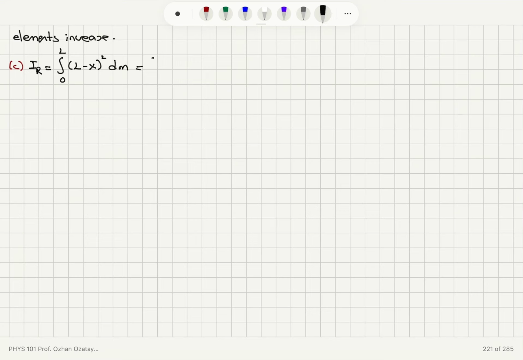So this will be the integral from 0 to capital L of (L minus x) squared lambda dx, which is my dm. And this is the integral from 0 to L of (capital L minus x) squared gamma times x dx.